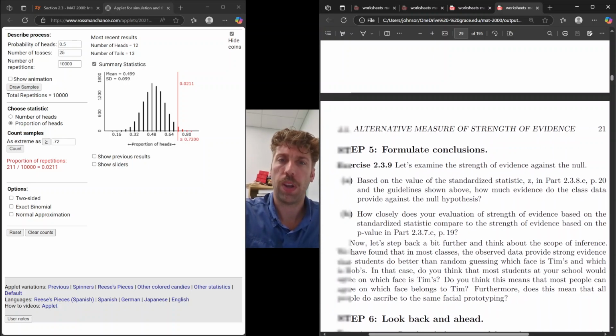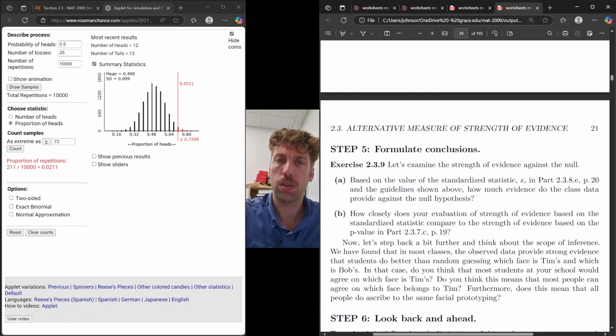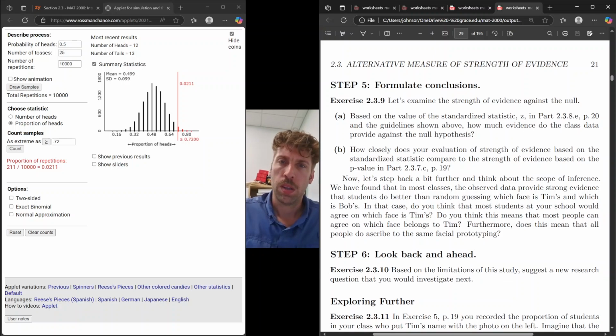Okay, so now let's formulate some conclusions. Based on the value of the standardized statistic, my standardized statistic will be different from yours. Mine was bigger than 2 and less than 3, so I had strong evidence, but not very strong evidence. And then, how closely does your evaluation of strength of evidence based on the standardized statistic compare to your strength of evidence for the p-value?